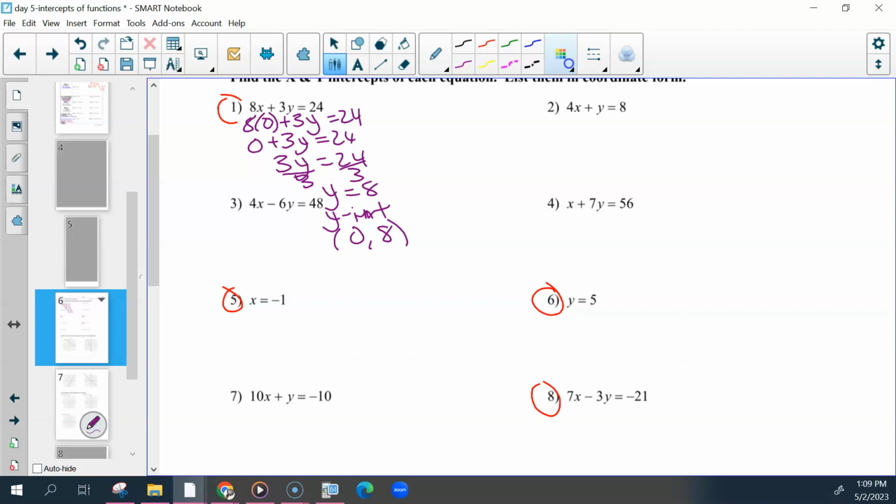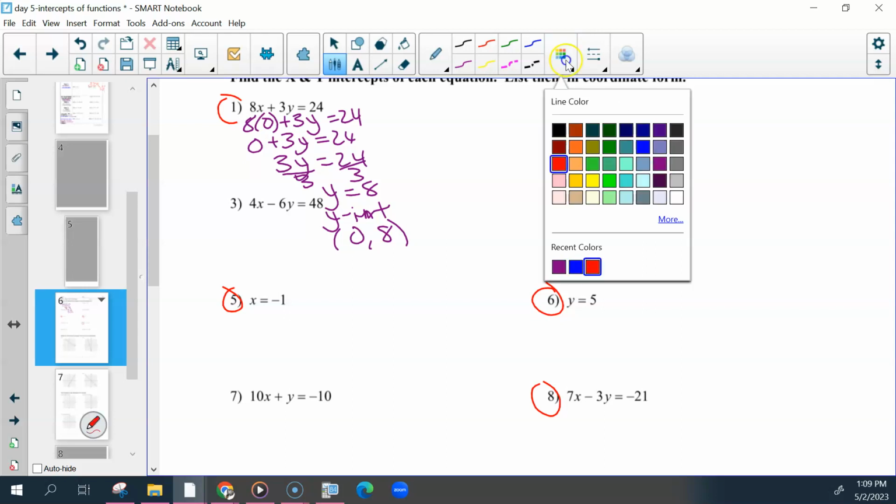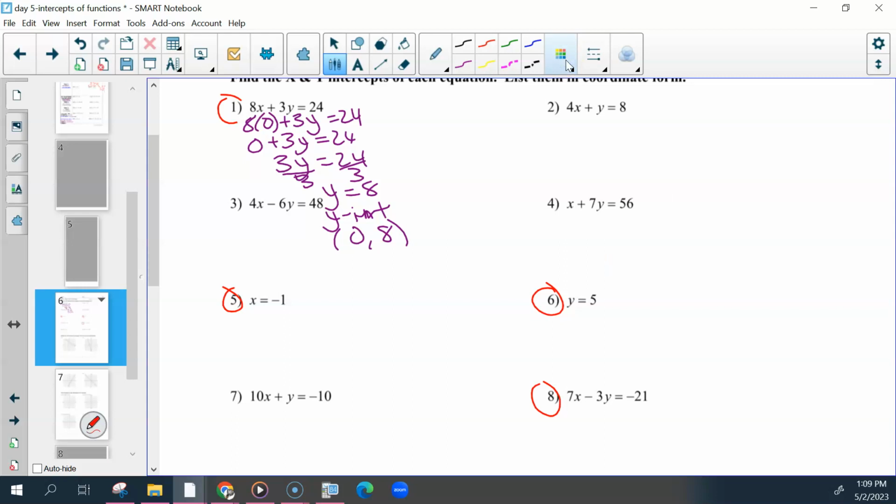And then do the same thing for your x-intercept, but reverse. Now we're going to put 0 in for y, and solve. So the middle term becomes 0. We can drop that.